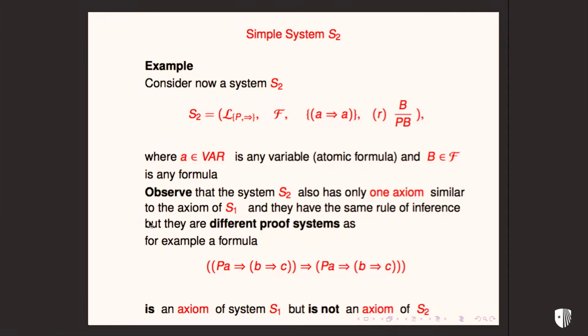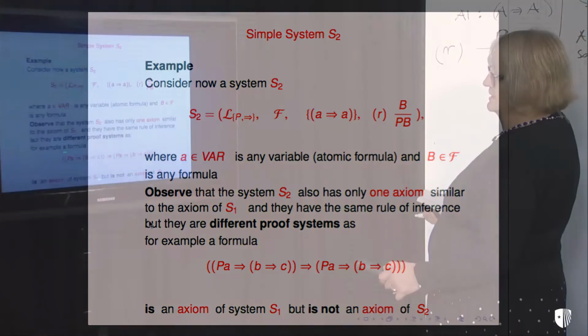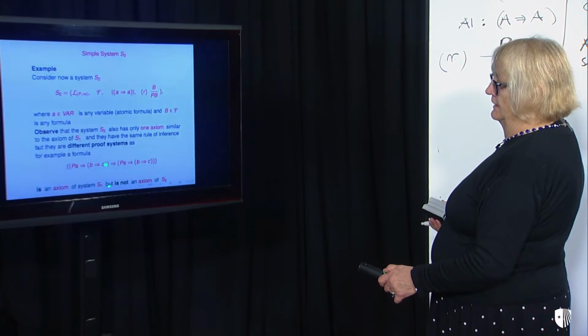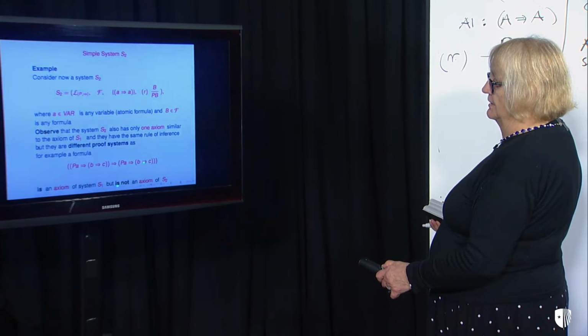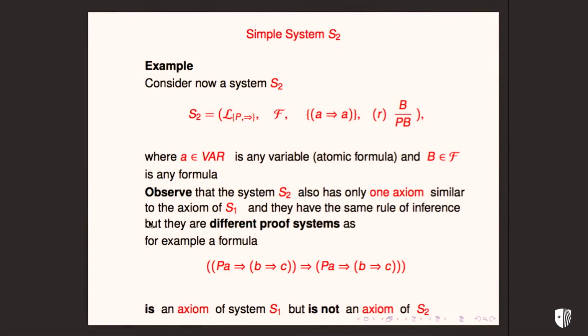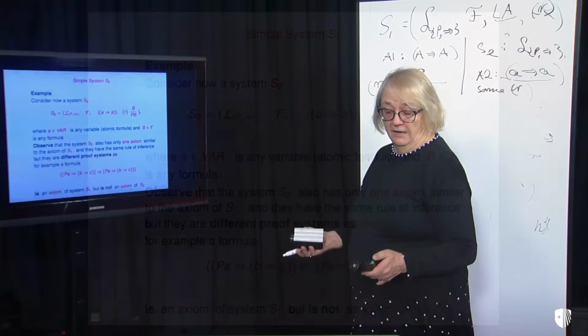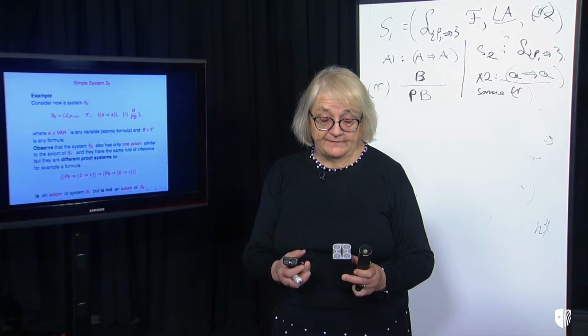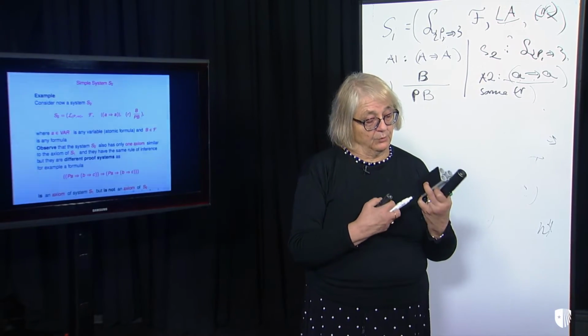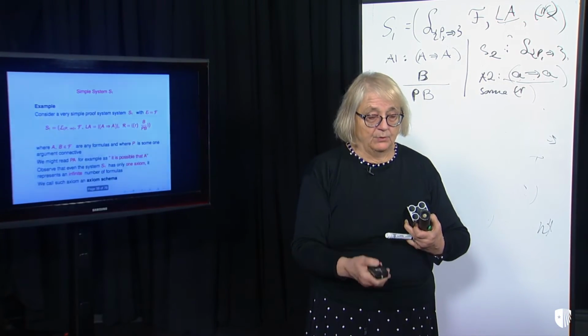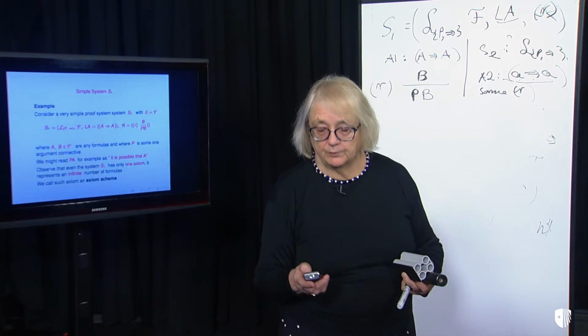For example, that complex formula is an axiom of S1 because this is capital A. You see that this is the same formula as here, and it's not an axiom of S2, which is only A implies A. You can only have one variable, and here you have complex variables. So that is very important to remember when you construct the formal proofs.